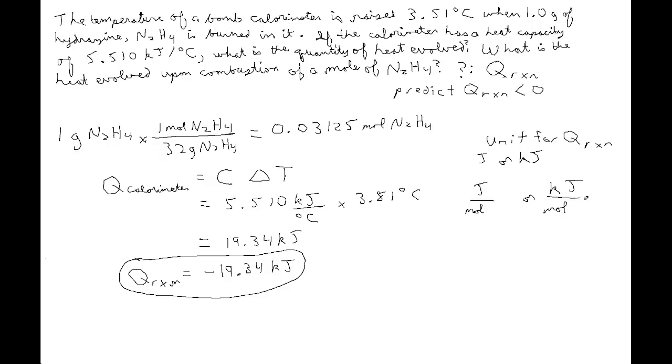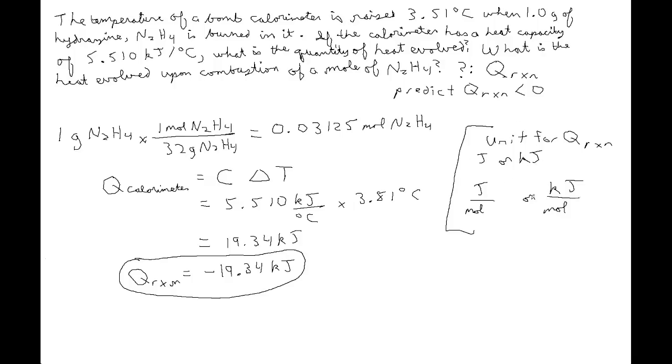You might talk about the heat that's produced by a particular reaction, and then the units are joules or kilojoules. Or you might want to phrase the heat in terms of joules per mole or kilojoules per mole. These are the two common ways to phrase the energy of a reaction, or the heat of a reaction, or the enthalpy of a reaction.